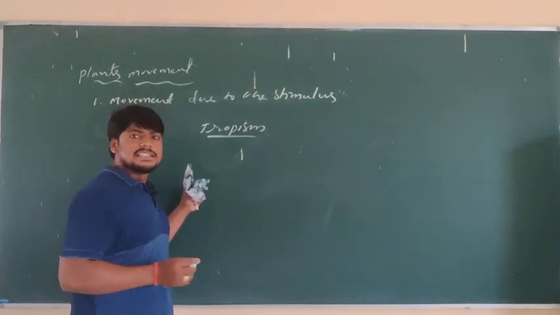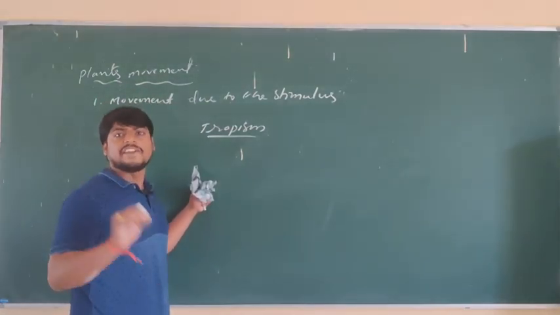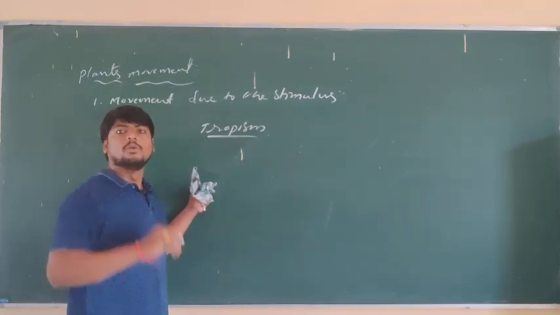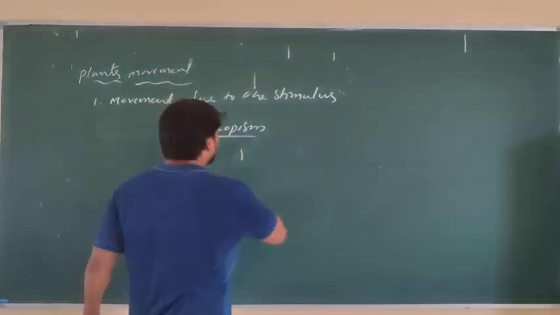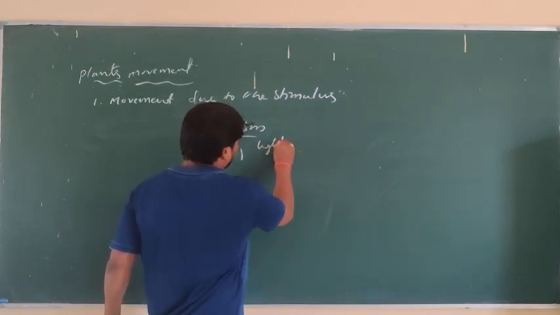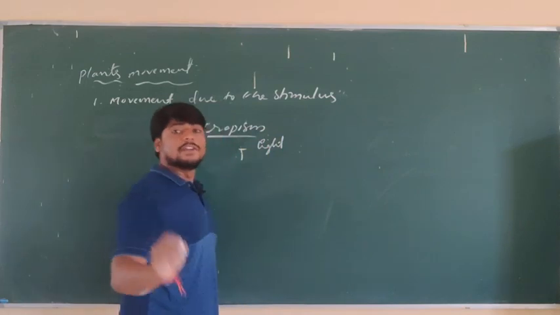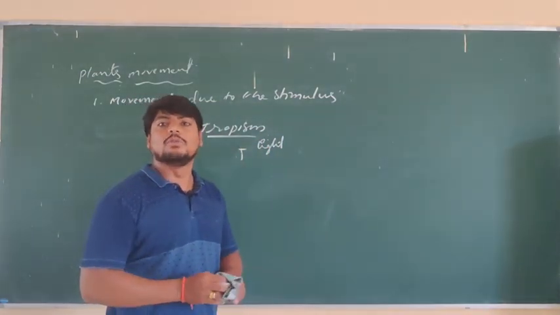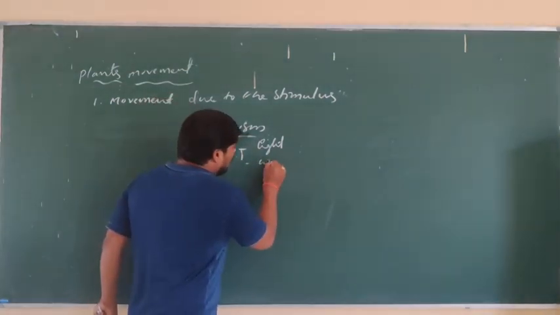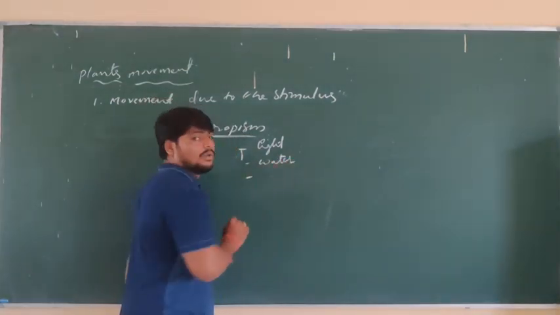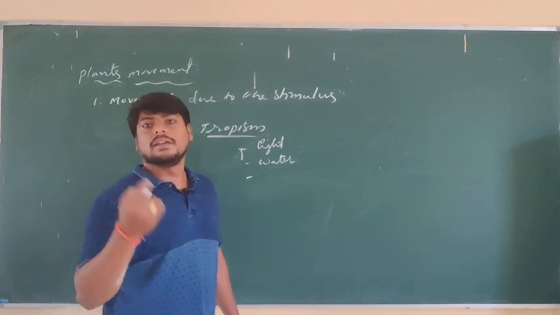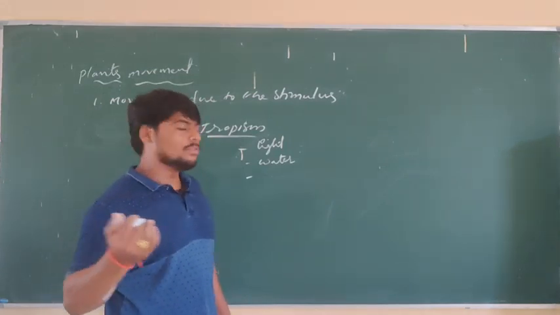Under tropism, there are some stimuli, some factors, that affect the movement of the plants. Under tropism, some of the factors are, like, light. Light is one of the factors that causes movement of the plants towards itself. Water also induces plants to move towards itself.